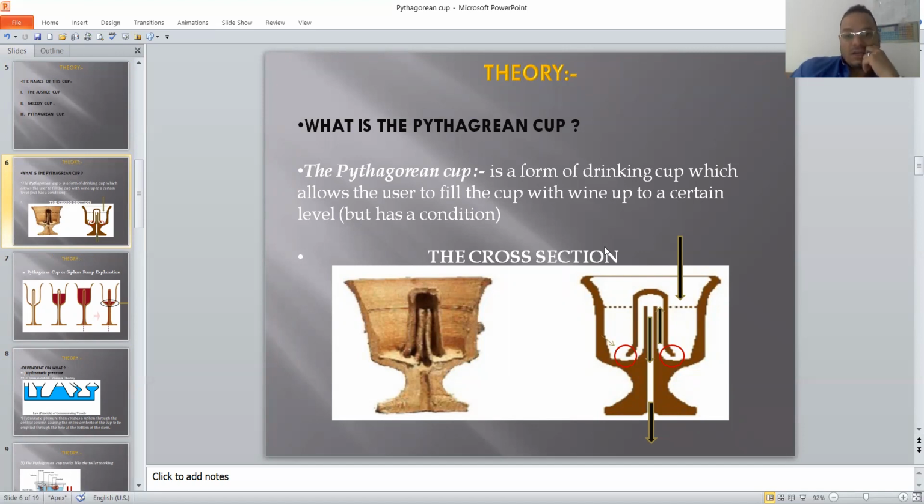Let's give an appropriate definition to this cup. It is a form of drinking cup which allows the user to fill the cup with wine.